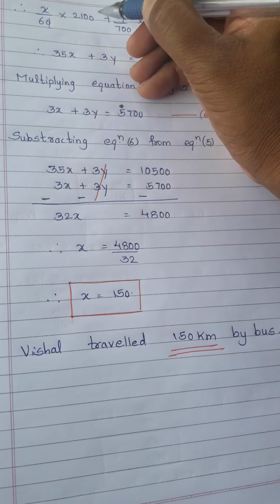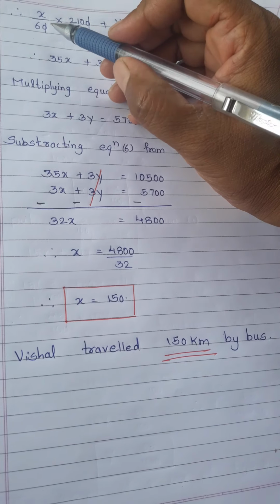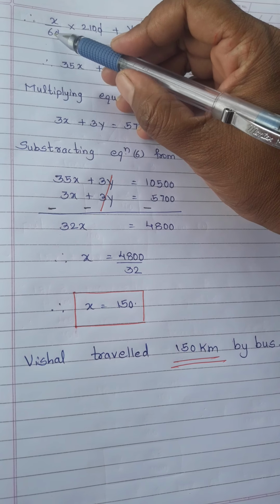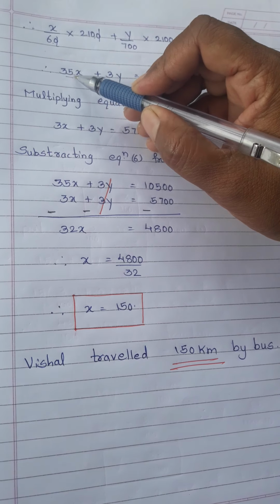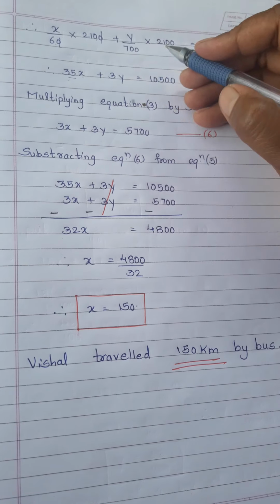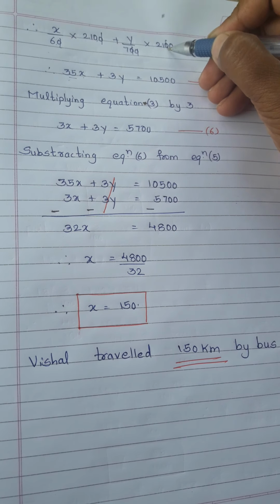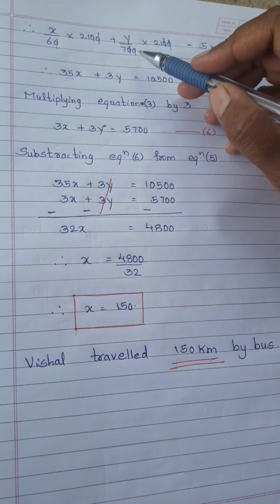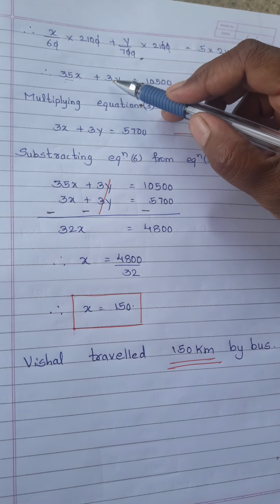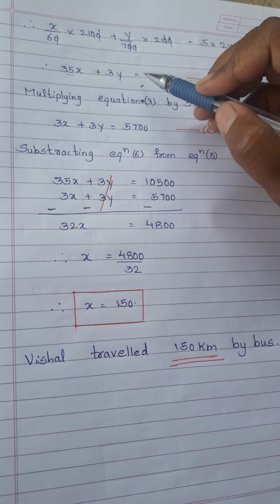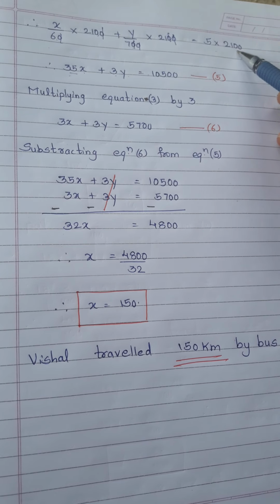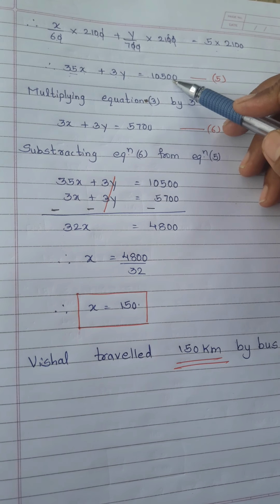Here this 0 will get cancelled, and if we divide 210 by 6 we get 35. So 35x plus, here also this 0 will get cancelled. If we divide 21 by 7 we get 3. 3y is equal to the multiplication of both these, which is 10,500.